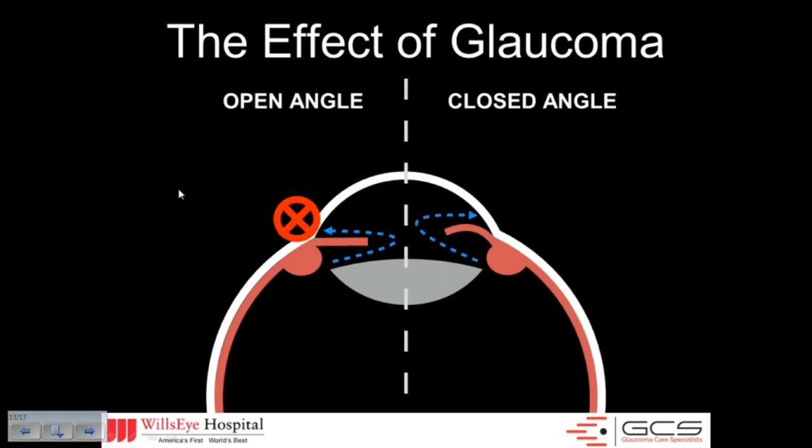In closed-angle glaucoma, the aqueous does not have access to the trabecular meshwork. It's usually because the iris is bowed in a certain configuration so that it blocks its pathway. So therefore, in both of these instances, outflow is decreased and eye pressure is elevated.